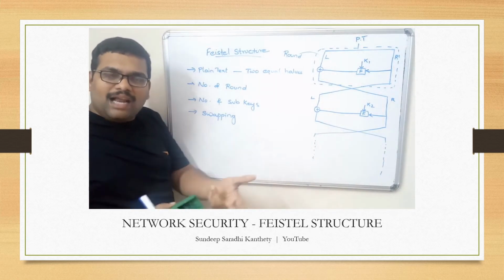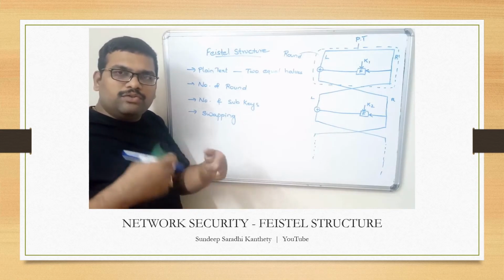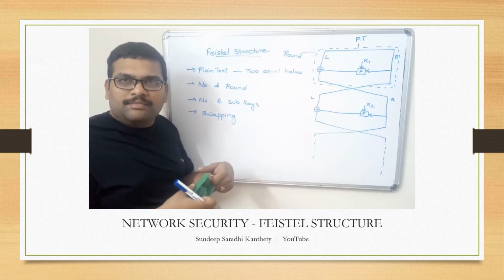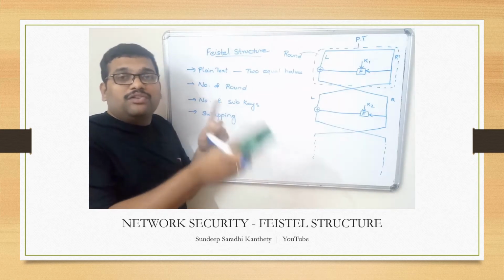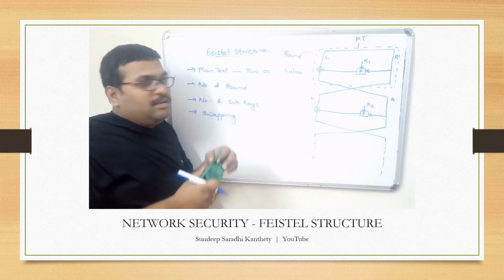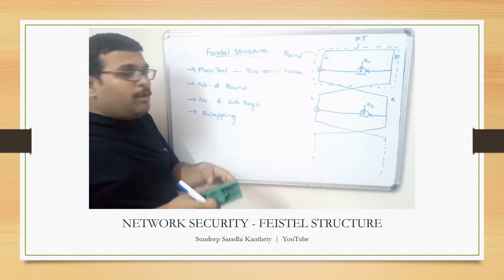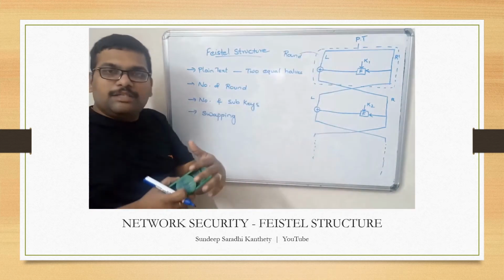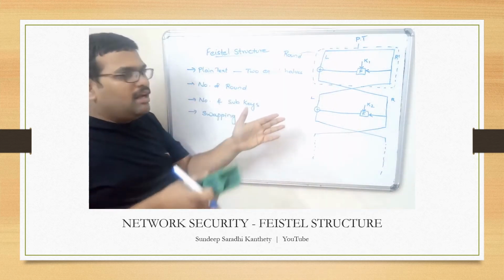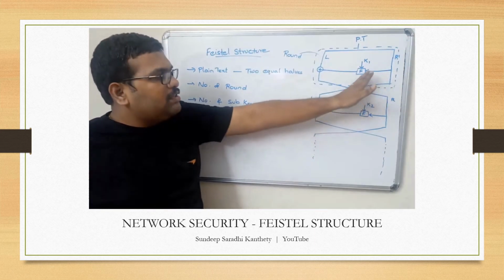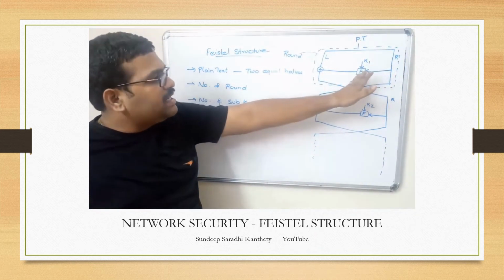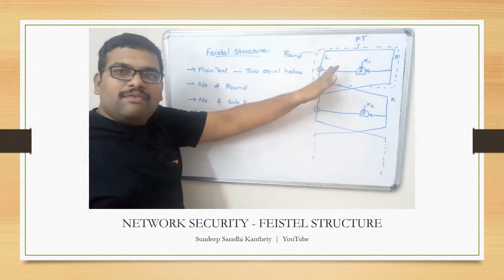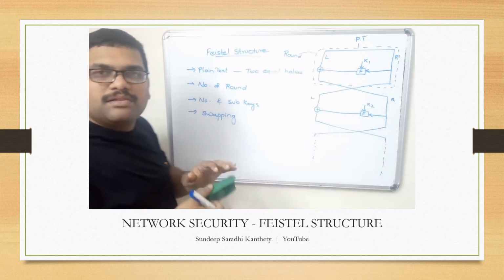In the next classes we are going to see the block cipher algorithm called the DES algorithm, Data Encryption Standard algorithm, which follows the Feistel structure. That means in that algorithm also the plain text is processed in two equal halves, and the right half is applied to the function in which the subkey is used, and the result will be XORed with the left half, and finally the swapping is done.